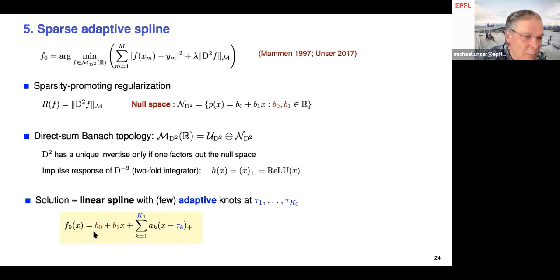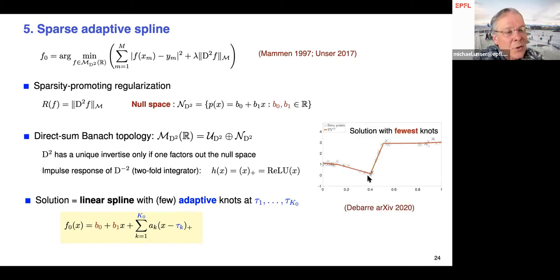Now it becomes interesting, because it's a sum of a linear term plus those guys, and you will recognize that those are ReLU, like in neural networks, so one-sided power functions. That gives you a piecewise linear solution, but with very few knots, a sum of ReLU. Although the solution is not necessarily unique, we even have an algorithm that finds the sparsest one, and in many cases the sparsest solution is unique.